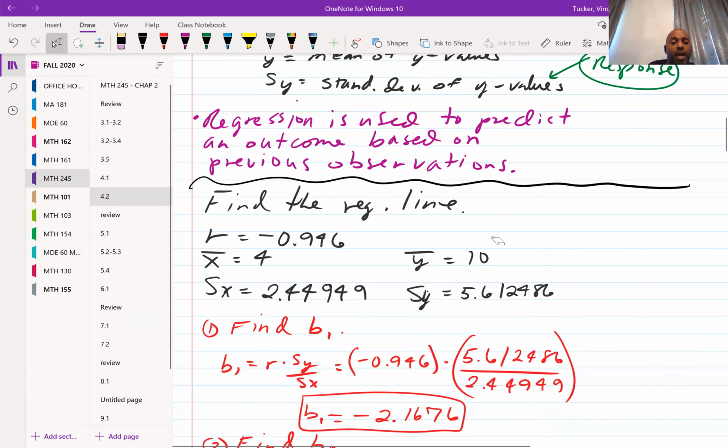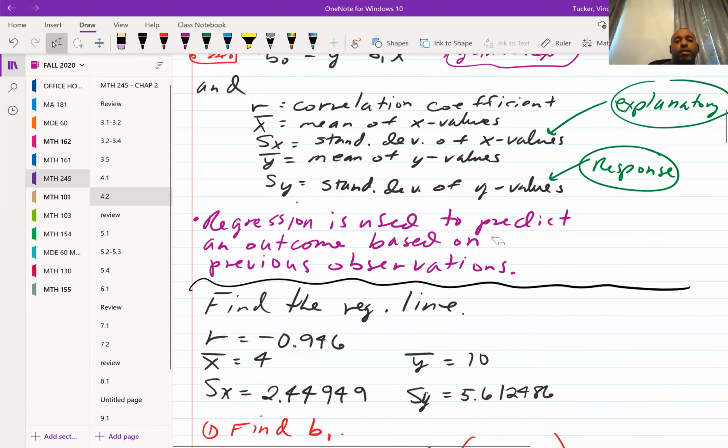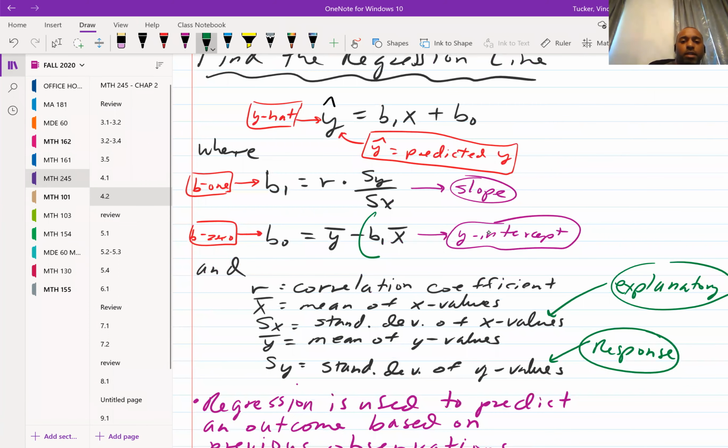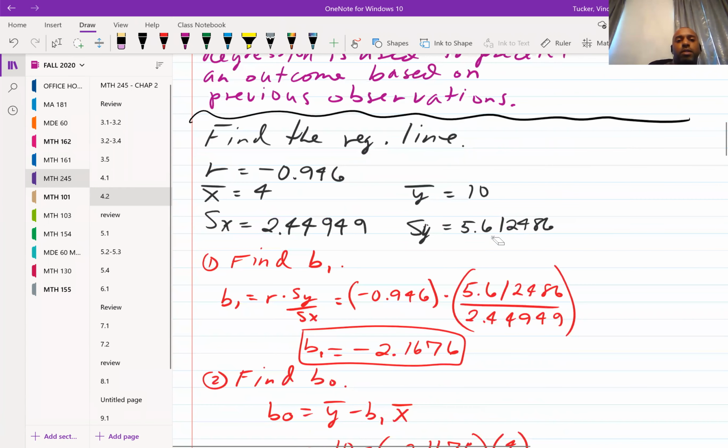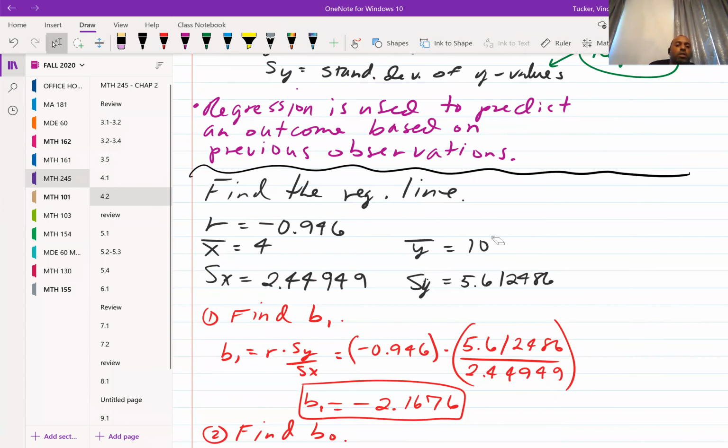So the first thing that we have to find is B1. We have to do that first because notice in B0, B1 is included. So you have to find B1 first. We have R is negative 0.946, X bar is 4, S sub X is 2.44949, Y bar is 10, S sub Y is 5.612486.